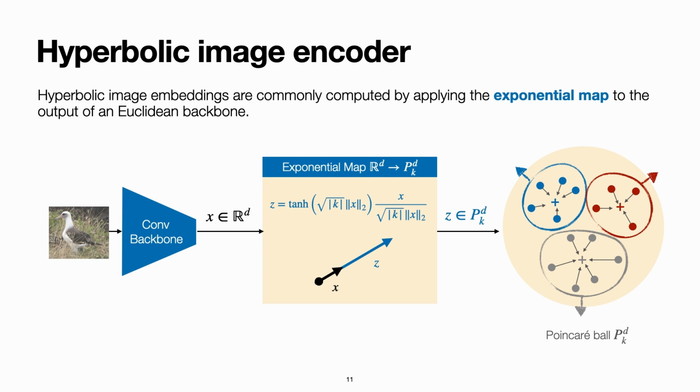In practice, this exponential map is simply a rescaling of the magnitude of the embeddings, accomplished through a hyperbolic tangent. And once we have embeddings that lie in the Poincaré ball, we then apply a loss by using a hyperbolic metric. In this case, the prototypical loss would correspond to computing centroids and then spreading them apart.